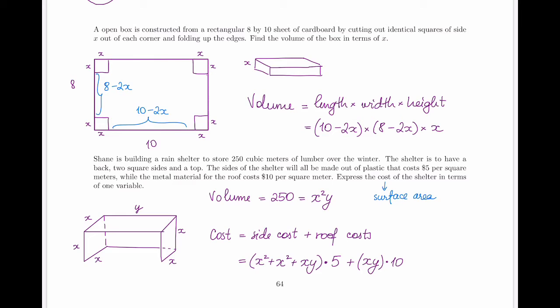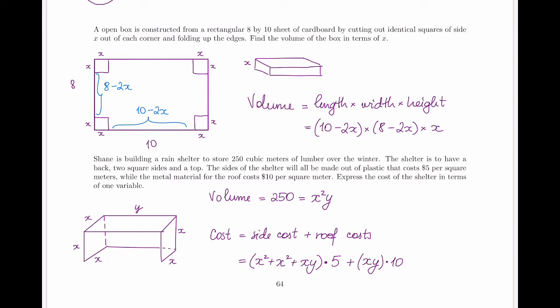Okay? Now let's see, I would like to express the cost in terms of one variable. Now I have x's and I have y's, so I'm going to have to solve that problem somehow. So let's take a look at the function for the volume that we haven't really utilized yet. It's expressed in terms of x and y here. So I can solve this equation for one of the variables and plug this into my cost function to replace it for it to be in terms of one variable only.